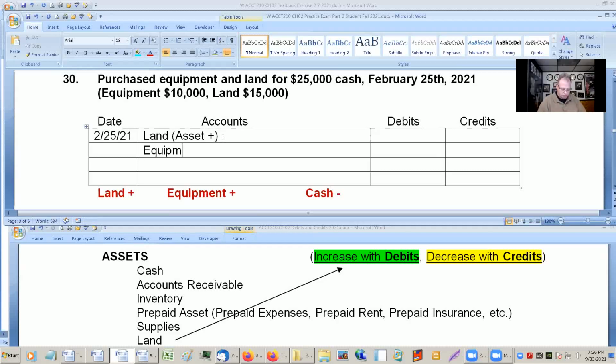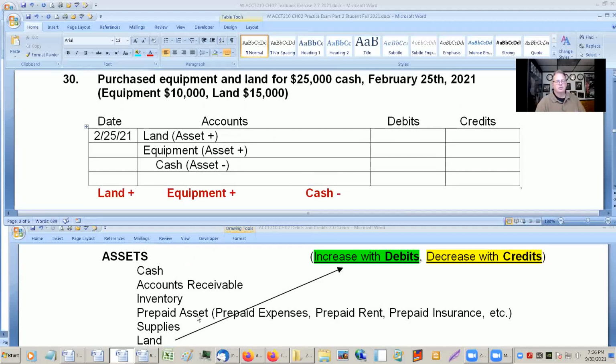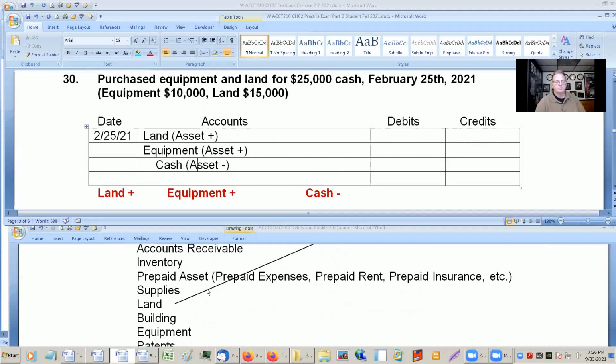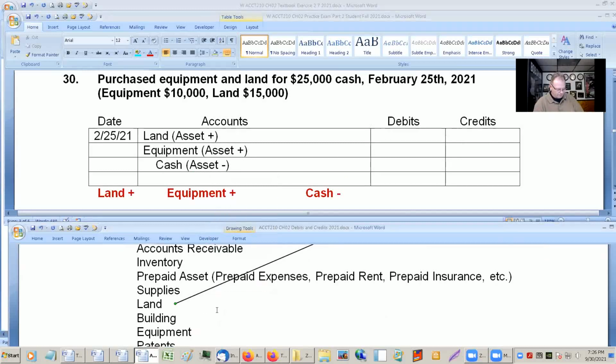Debits. 10, 1, 2, 3, then cash would be cash. 25. Assets going down. You changed it. Okay, so plus. Land is 15,000, the land, 10,000.